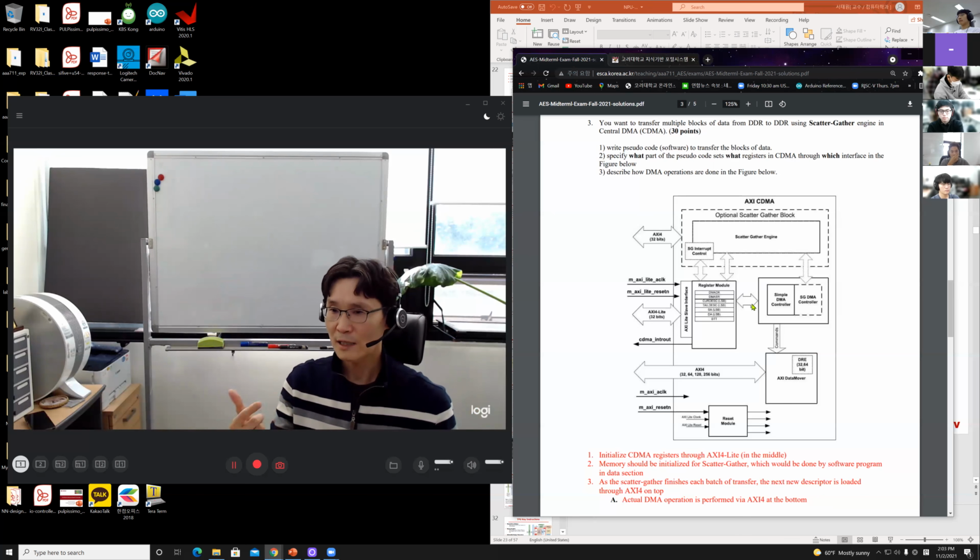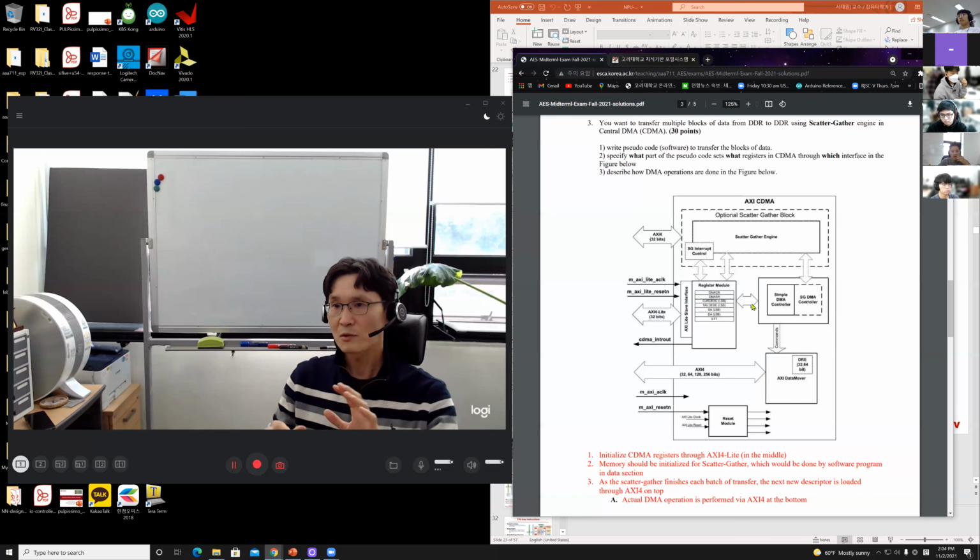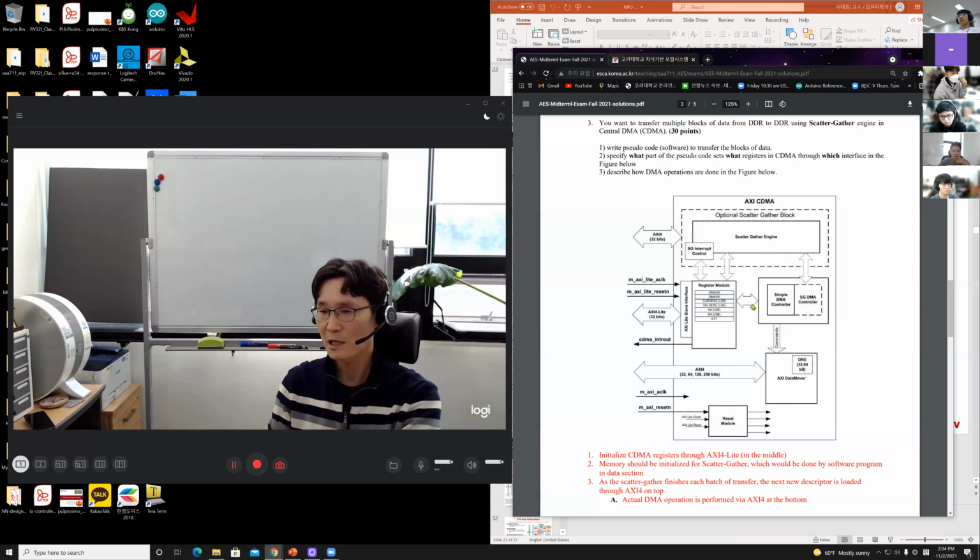To understand that, you should have a very strong understanding of what the hardware, what the CPU, is doing to process the interrupt. That kind of interaction, because again, embedded system design requires both hardware and software.